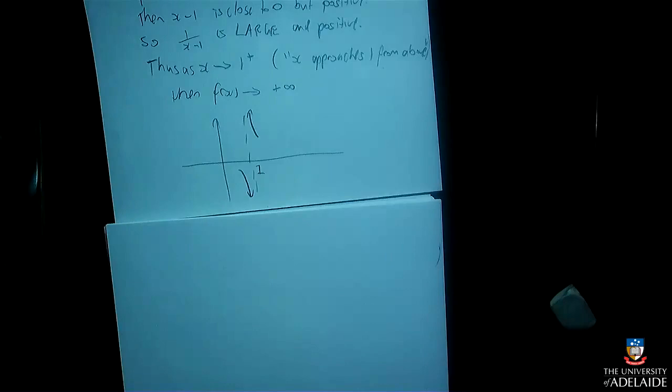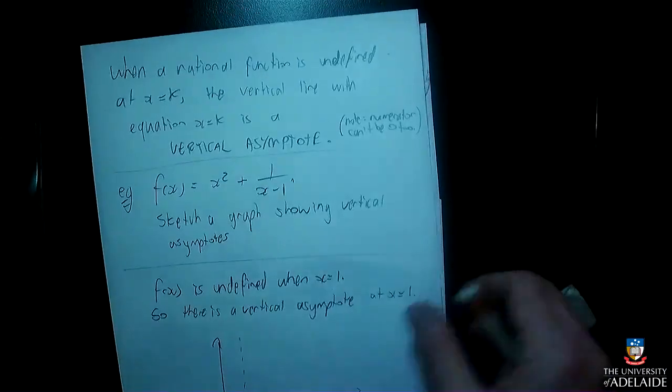So just one last thing that I want to mention. It's not a big thing. It's that we can actually get an idea of what the rest of the function is doing by thinking about what happens not when x is close to 1, but when x is really huge. So look at this. Here's the function.